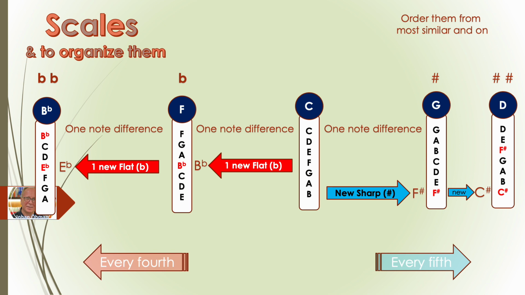The C major scale has a B natural note, and the B flat scale next to the F would be very similar to the F major scale, with the difference that the B flat major has an E flat note in it. The F major scale only has an E natural note there.